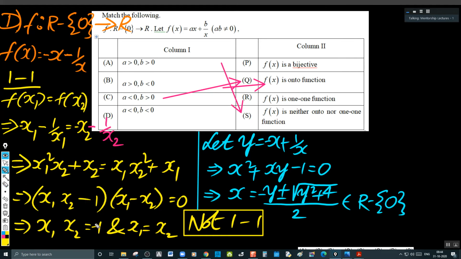So this is plus 1 now. Correct. This is neither one-one nor onto. Neither one-one nor onto, please.